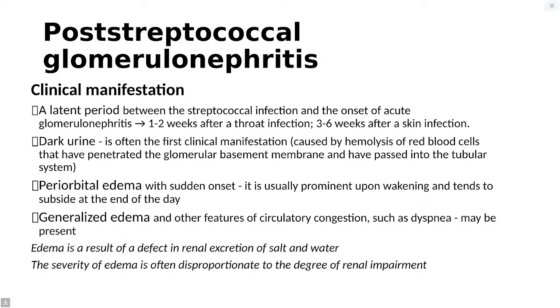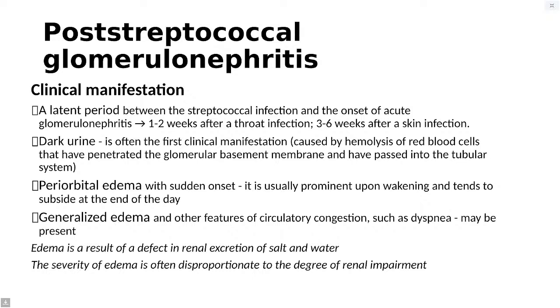We can see periorbital edema with sudden onset. It is usually prominent upon awakening and tends to subside at the end of the day. Generalized edema and other features of circulatory congestion such as dyspnea may be present.